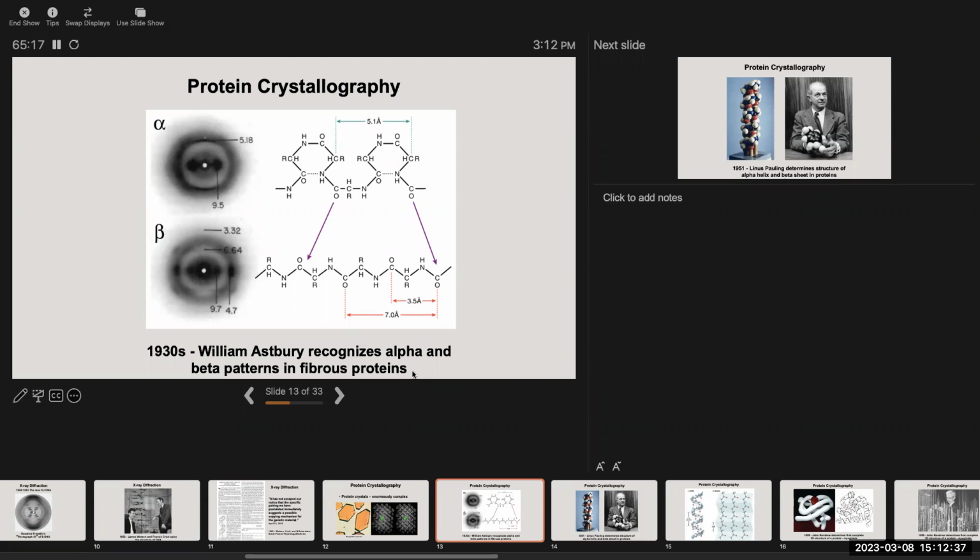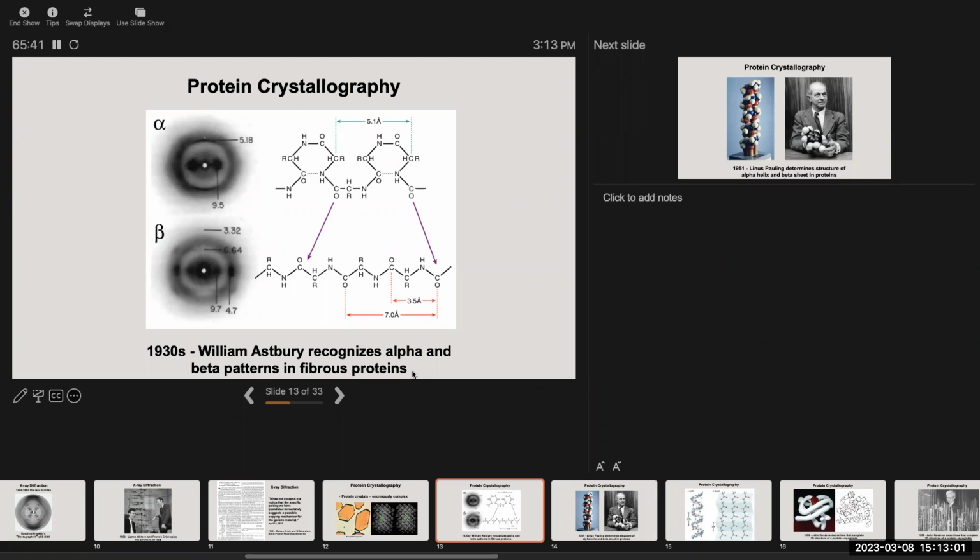So some fibrous proteins already had just the beta pattern. I think silk, for example, had the beta pattern without having to do anything to it. But things like keratin, from human hair and from sheep's wool, they had the alpha pattern initially, but as soon as you heated them and stretched them, the alpha pattern changed to a beta pattern.